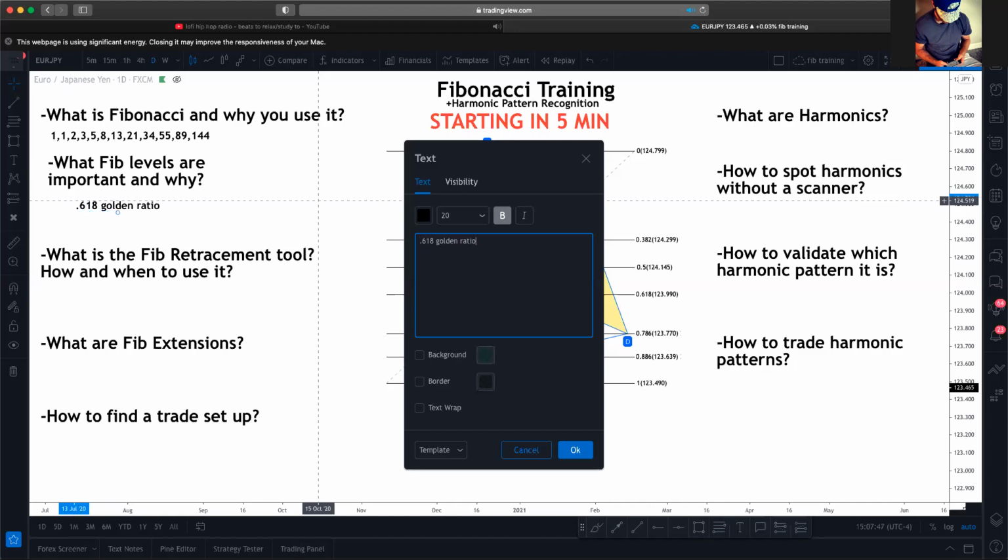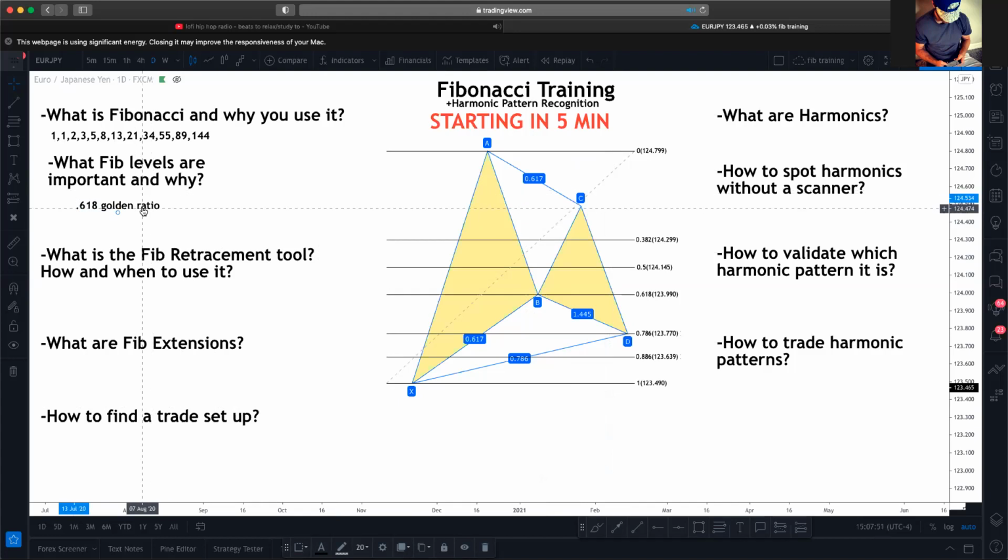It's because when you take any two consecutive numbers in the sequence and divide them, you get 61.8 or something very close to it.